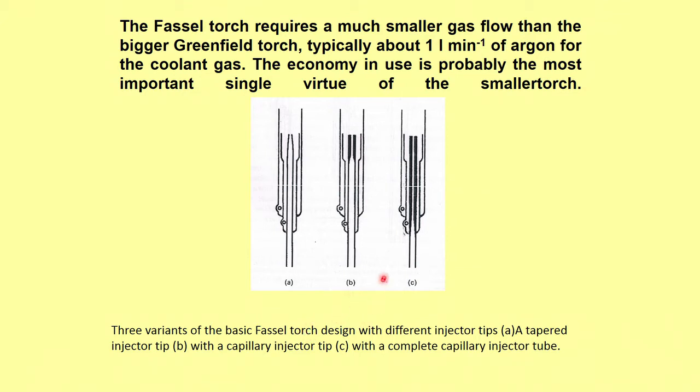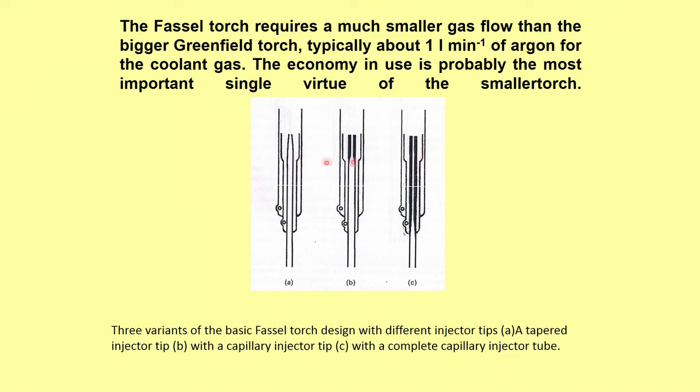And the third one, I simply use a capillary for the sample total, right from this point onwards. For the delivery of the sample there is only a capillary, the full tube is a capillary. So, it can be even a Teflon capillary or quartz capillary.